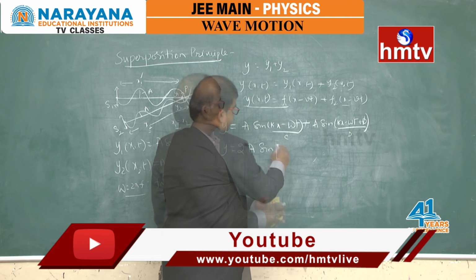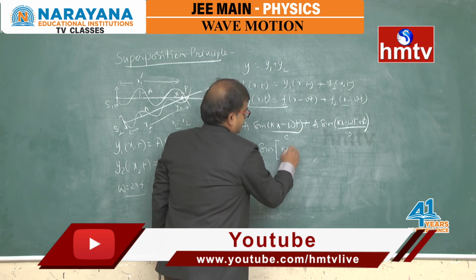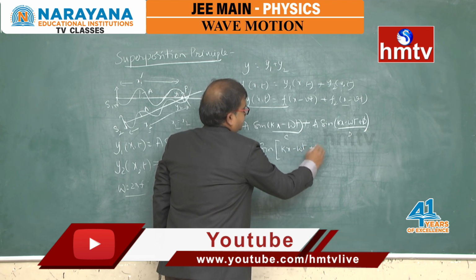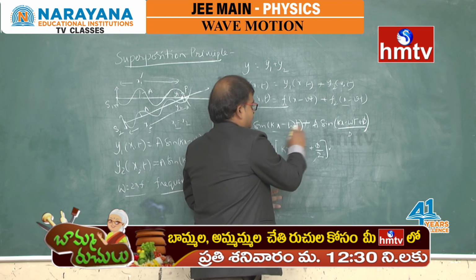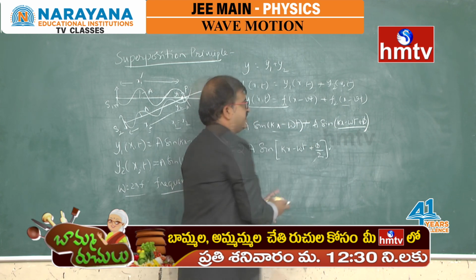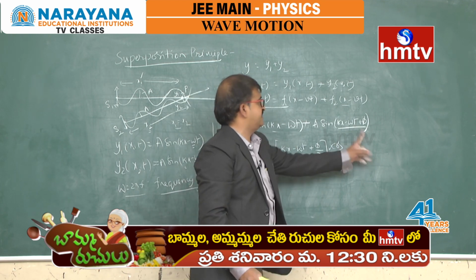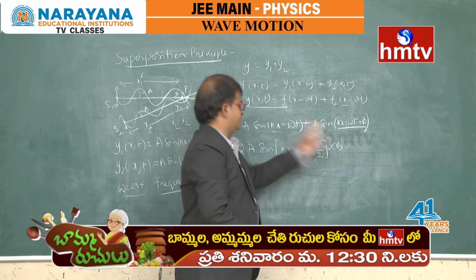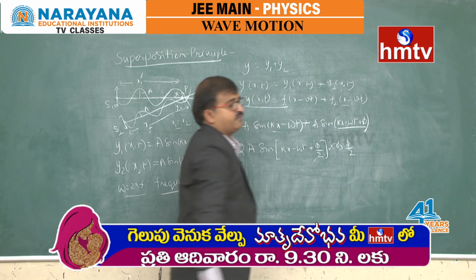So in this case (c plus d)/2 is kx minus omega t plus phi/2, and then cos of (c minus d)/2, either this way or this way you can take. So here you will get the value phi/2.